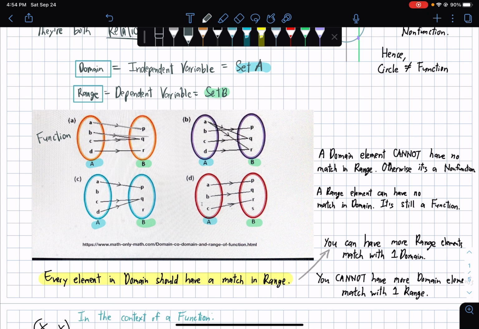And here for letter B, as you can see, element A from set A, which is the domain, has an affair with multiple elements in the range. So in that sense, we could already say that this is a non-function.